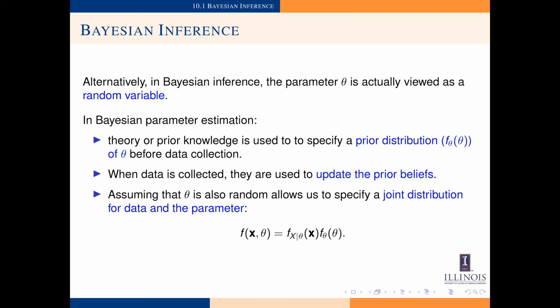In this case, the joint distribution of our data x and unknown parameter theta is given by the marginal distribution, or the prior distribution of theta, times the conditional distribution of x given theta. So you can see that this joint distribution is equal to the prior times the likelihood.